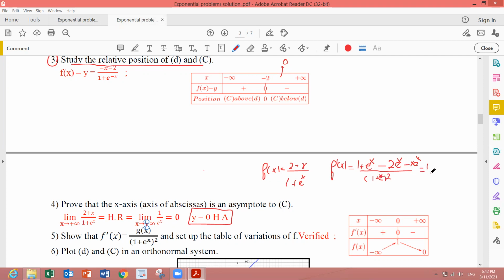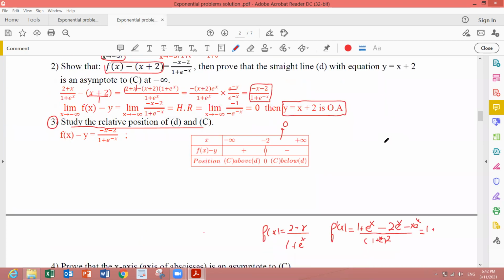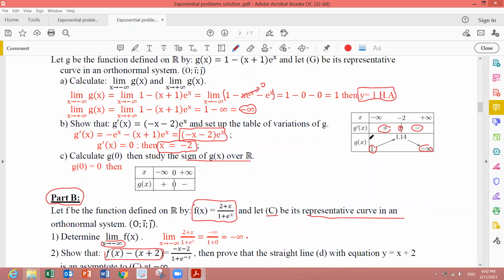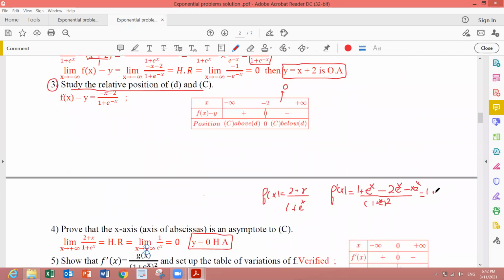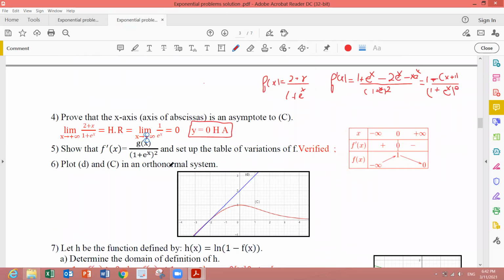It equals 1 plus e to the x minus 2 e to the x minus x e to the x. So g(x) was (minus x plus 1) e to the x... over (1 plus e to the x) squared, which is equal to g(x) over (1 plus e to the x) squared, meaning f prime x takes the same sign as g(x), since (1 plus e to the x) squared is positive.